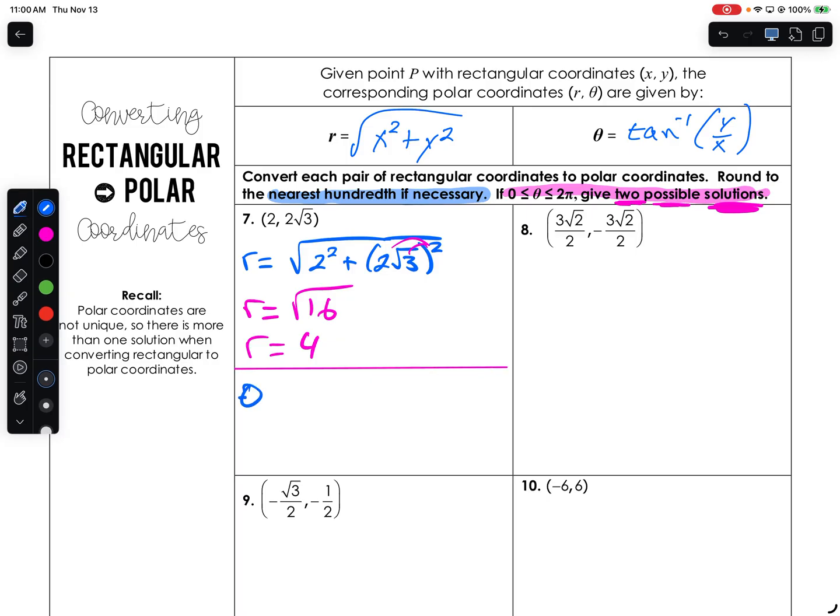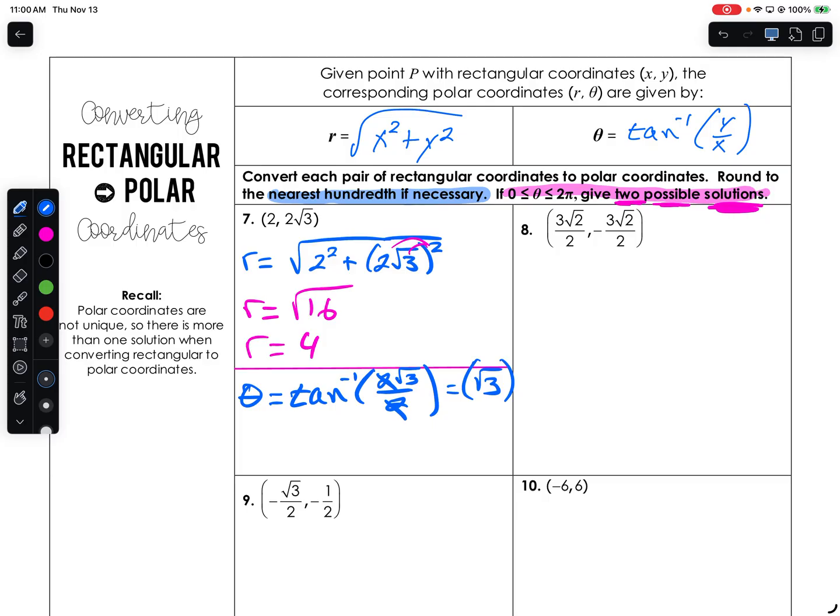So our theta is going to equal inverse tan of 2 root 3 over 2. What happens with the 2's? So we have inverse tan of root 3, right? Just canceling those 2.